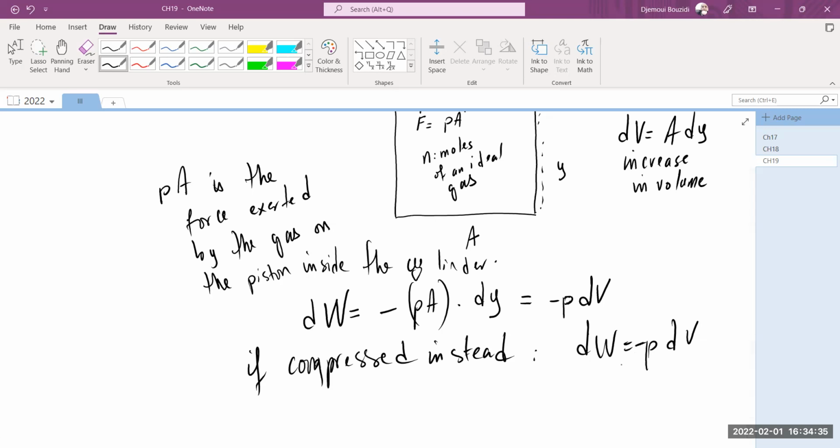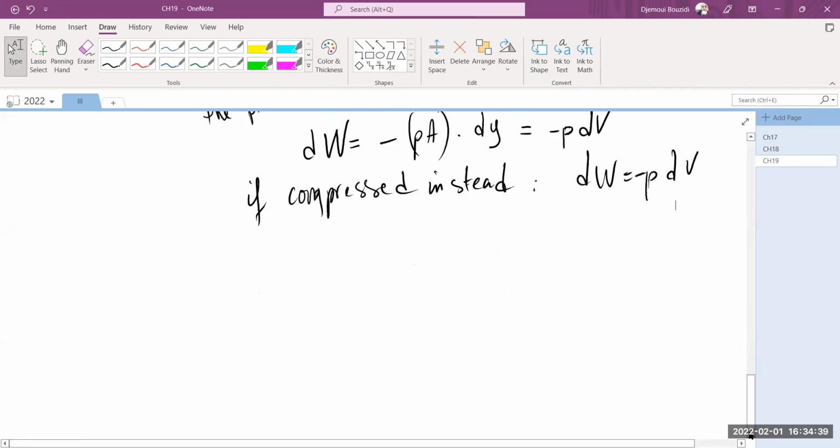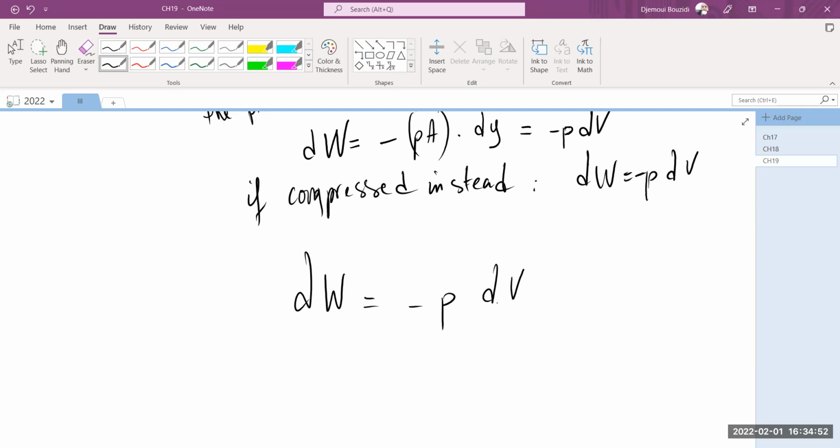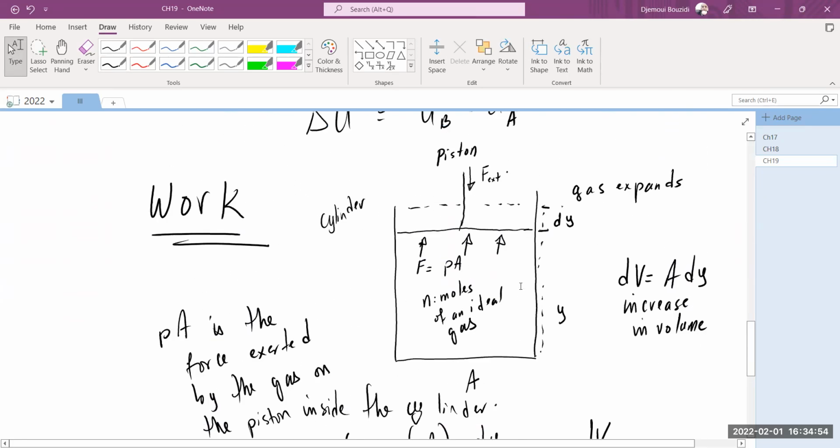So in either case, in this infinitesimal process, the work is minus P dV. If dV is positive, that means the gas expands. And when it expands, it moves stuff. This is what I mean by doing work.